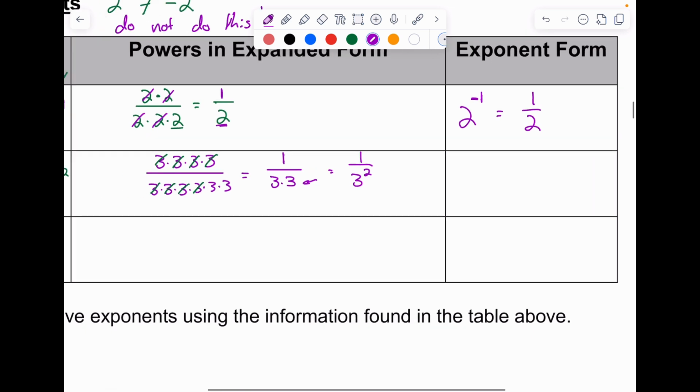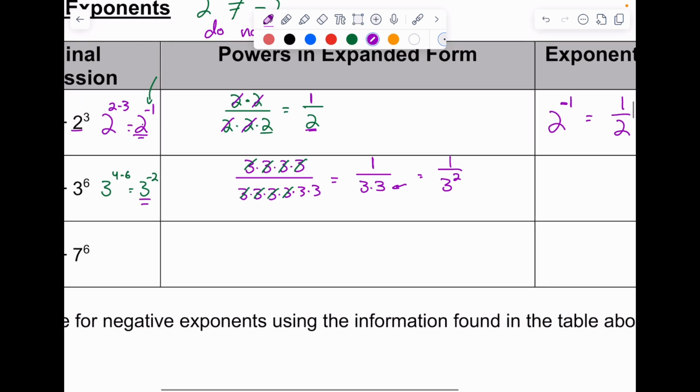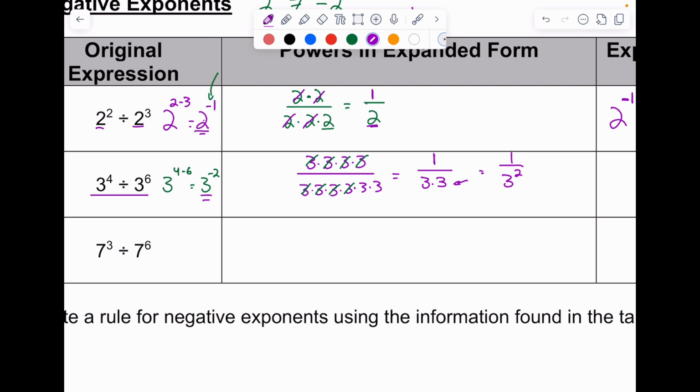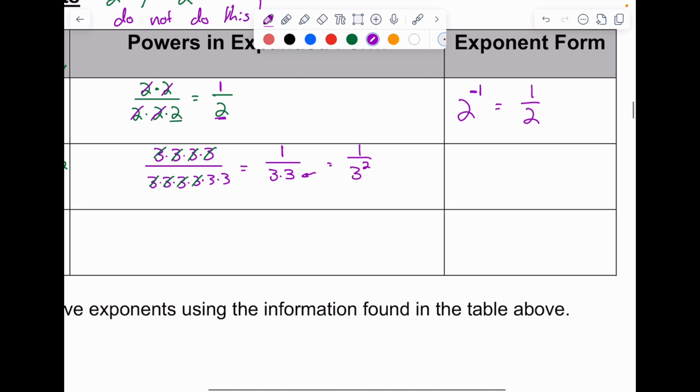We showed that 3 to the 4 divided by 3 to the 6 is the same thing as me saying 3 to the negative 2. And that ultimately ends up giving you this. So 3 to the minus 2 gives you 1 over 3 squared.